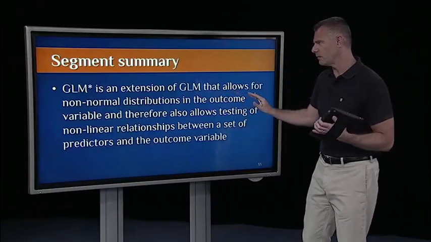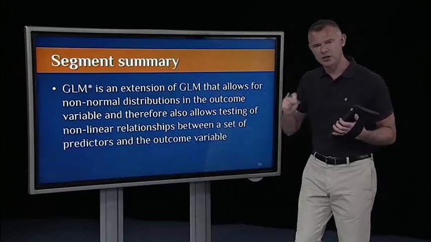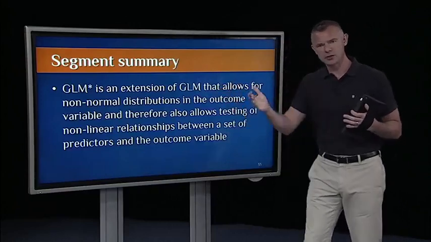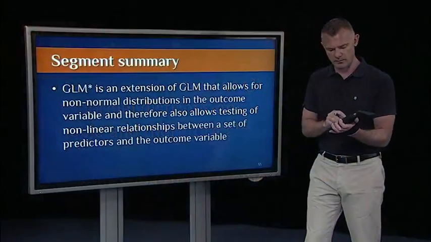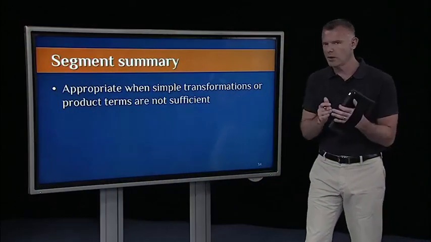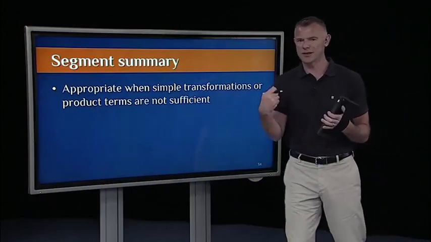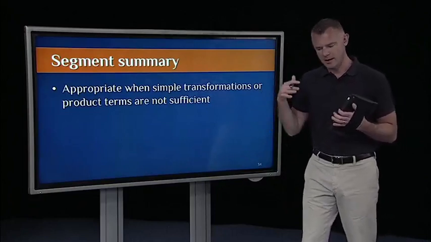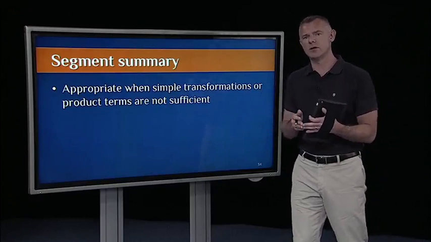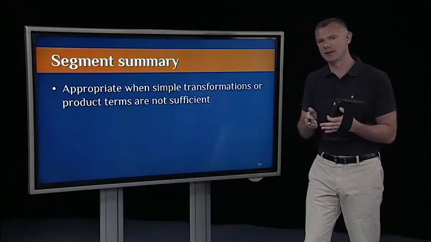To wrap up this segment, just remember that the generalized linear model is an extension of the general linear model that allows for non-normal distributions in the outcome variable and therefore allows you to test nonlinear relationships between a set of predictors and that outcome variable. It's appropriate when simple transformations or the addition of simple product terms don't allow a quick fix and don't allow you to stick with the LM function in R, or that linear model.